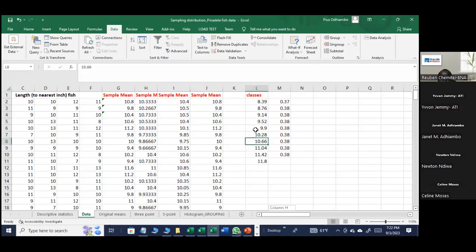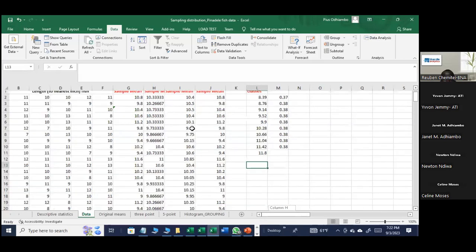Okay. Yeah. So what I'm going to have, okay, I'm going to have this. I don't know why it's not selecting. It's not selecting what I want to select.